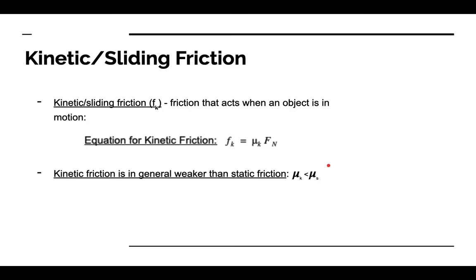If we go back to the example of the person pushing the box on slide 1, once that person gets the box moving, it's a lot easier to keep it moving than it is to get it to move. So that indicates to us that the kinetic friction that's acting when the object moves is weaker than the static friction that acts when we're first trying to get the box to move.